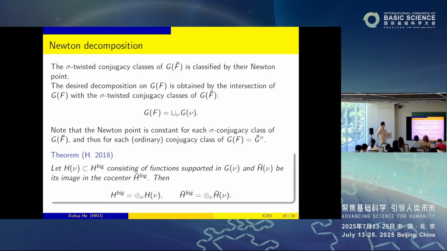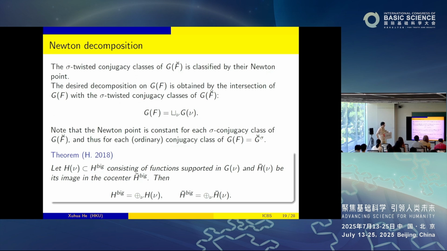This is a set-theoretical decomposition: if you have the p-adic group G(F), then it is a disjoint union of what I call the Newton strata. The definition is that we take the p-adic group, then we intersect with the Frobenius-twisted conjugacy classes of the loop group.